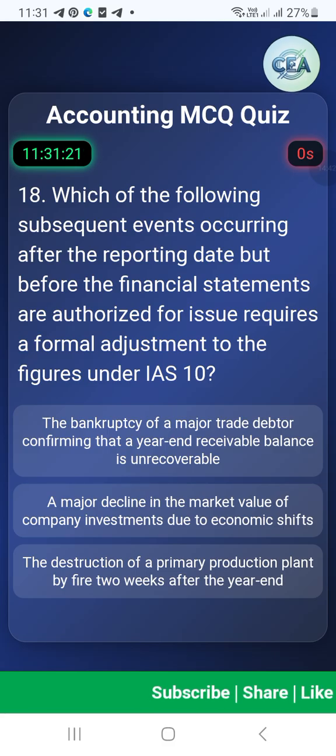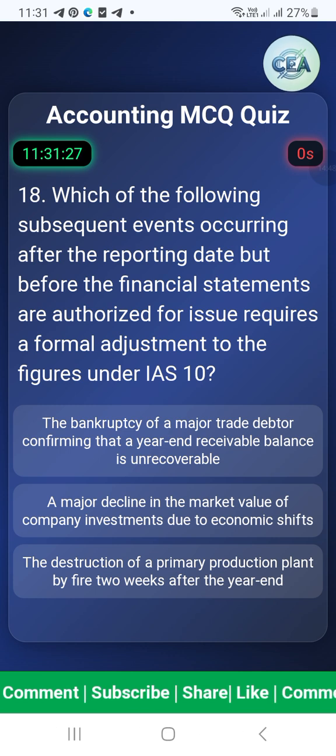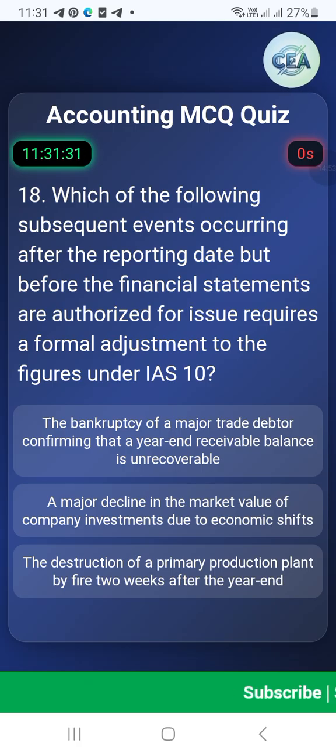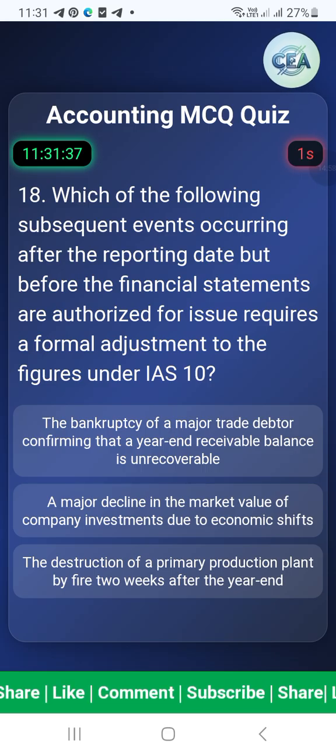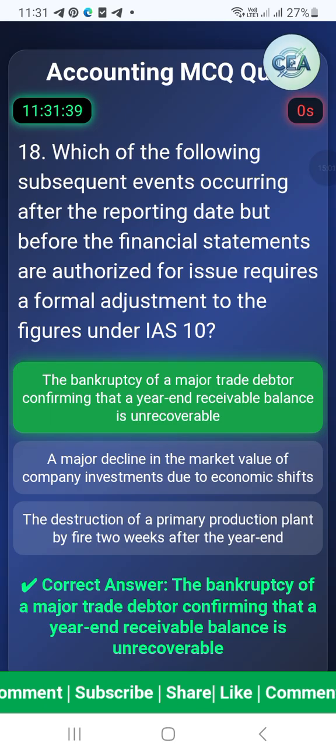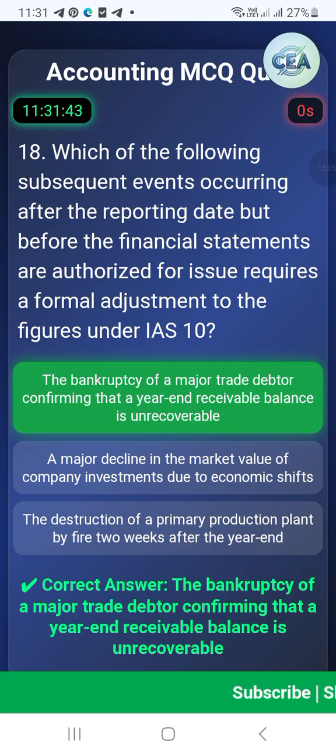A major decline in the market value of company investments due to economic shifts. Option 3. The destruction of a primary production plant by fire 2 weeks after the year end. Correct answer is the bankruptcy of a major trade debtor confirming that a year-end receivable balance is unrecoverable.